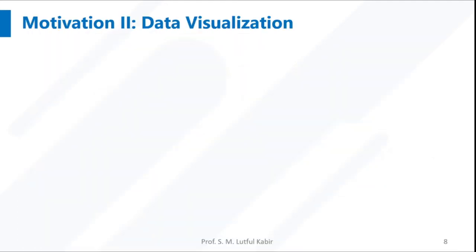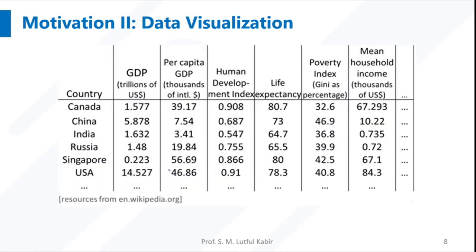Let us talk about motivation number 2, data visualization. If the number of features in a data set is large, it is difficult to visualize the pattern of the data. Let us take an example.